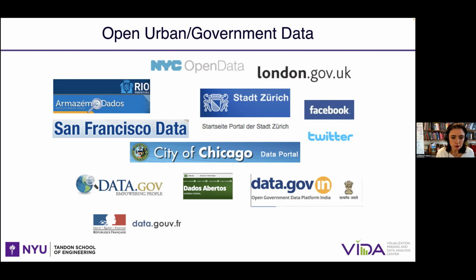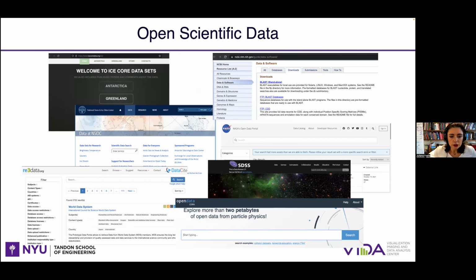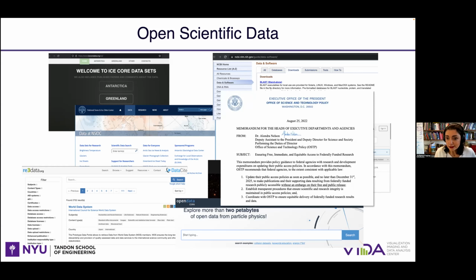This is also true of the scientific world. We have seen a similar trend through the open science movement. We have many data sets in different domains, from biology, physics, geosciences. And recently, the White House OSTP released a memorandum that is trying to institute new policies to ensure free, immediate, and equitable access to federally funded research.